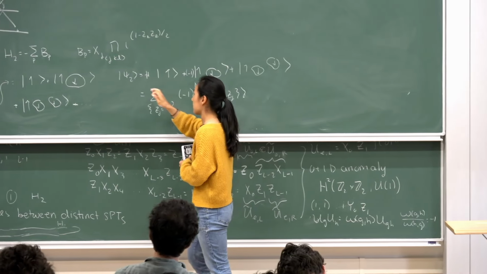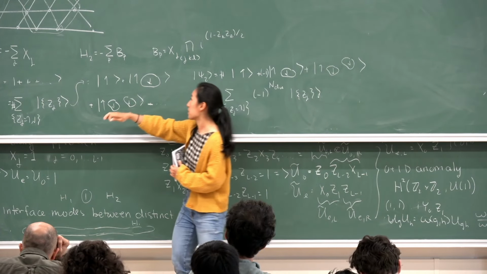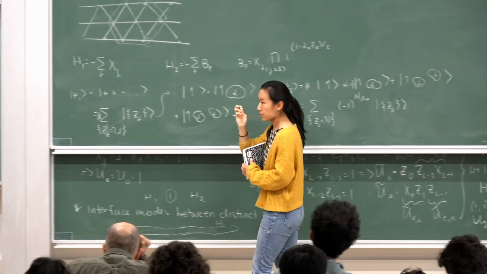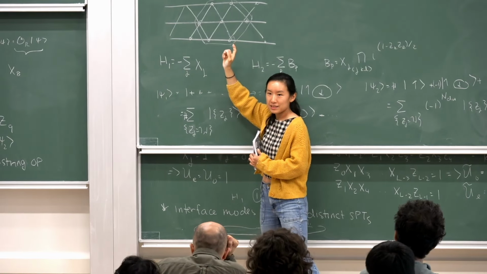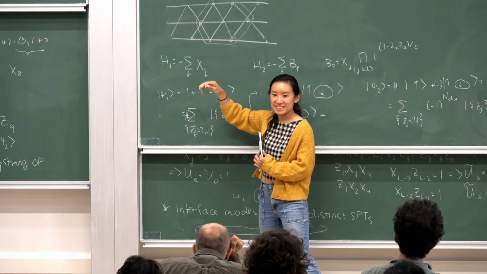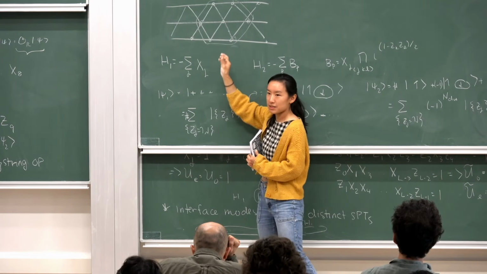And you can work that out by looking at how these BP terms are counting how many domain walls come in through this plaquette and out through the plaquette. If there are 4n domain walls that come in and out, then you get a plus sign.